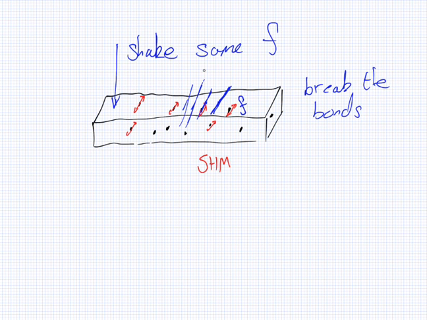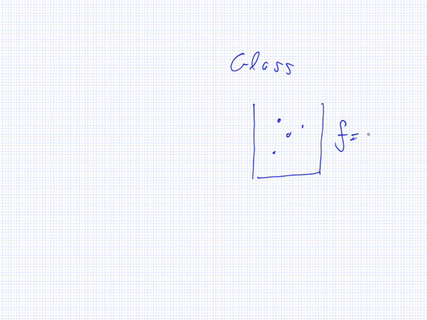The reason for that is, here's the glass. So inside the glass are the little atoms, and they're moving with a frequency. So for example, I'll just say the frequency is, I don't know, 10,000 hertz. Well, maybe 40,000, whatever.